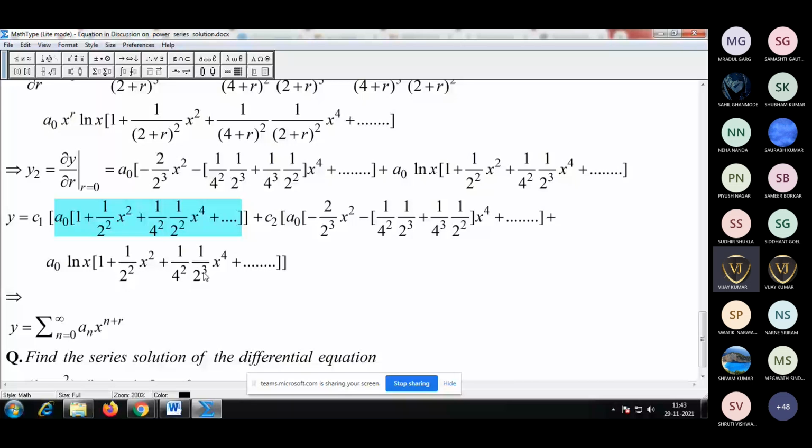So you may see this solution is the same as this one, and this term is y1, a naught times y1. It is separated with the term log x.